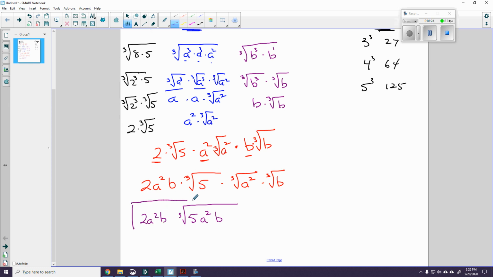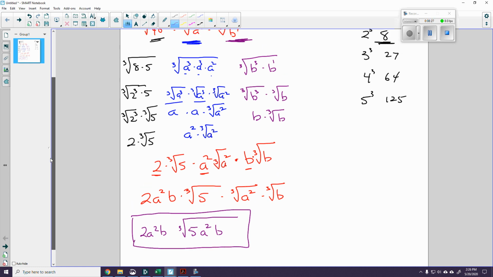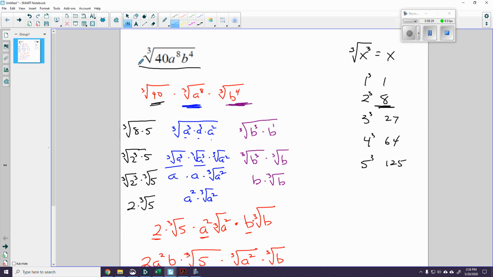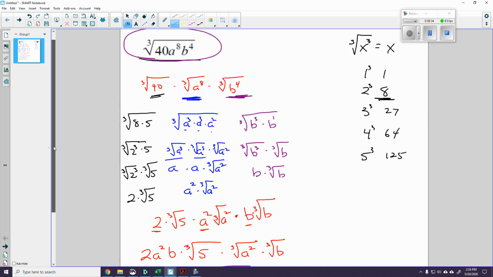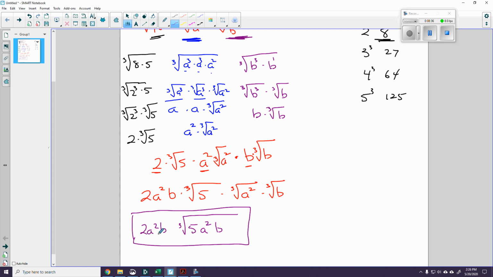So this is my answer. This is the simplification of that. I've gotten everything out of the radical sign that I possibly can. I've gotten this 2a squared b out of the radical sign, and that just leaves the 5a squared b underneath the radical sign.